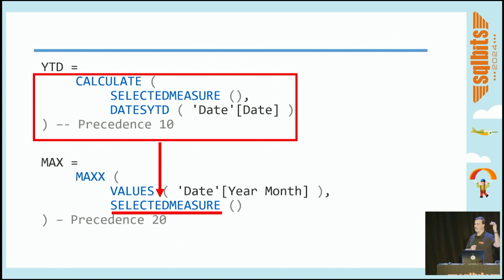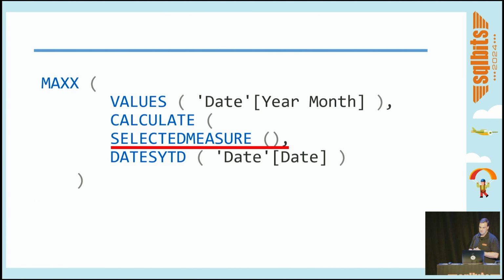So the year to date gets plugged into the one that has the higher precedence. The higher precedence to me is the shell, and then the lower precedence gets put into that shell. So this is what I end up with: max.